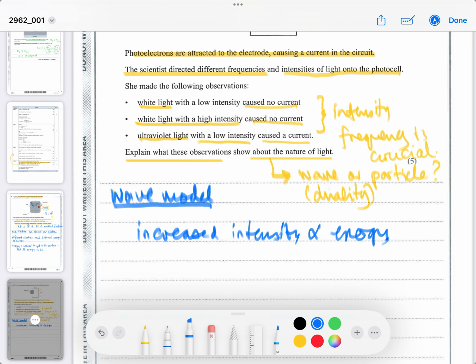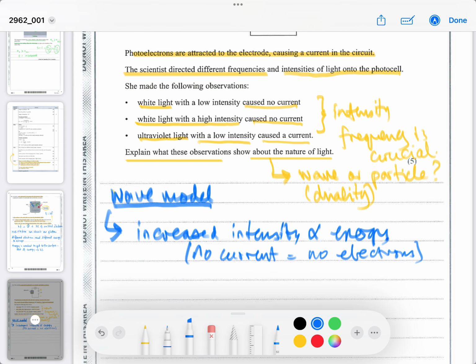Okay? But of course, even with increased intensity, there was no current. And no current equals no electrons emitted. Yeah? So with the wave model, the increased intensity should lead to electron emission. Okay? Eventually, if you wait long enough.